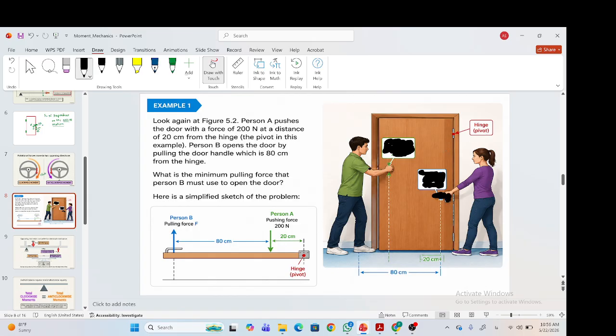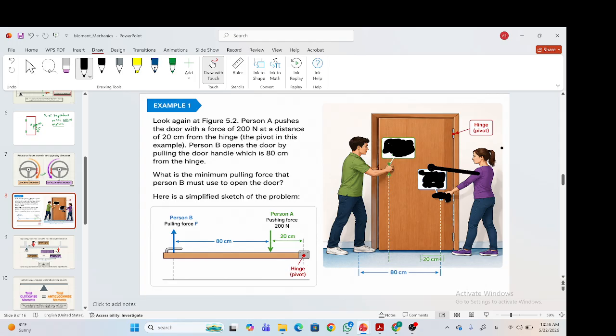Okay, let's read the question. Look again at figure 2.5. Person A pushes the door with a force of 200 newtons at a distance of, for example, 20 centimeters from the hinge, the pivot. Now, this is the person, so you may think that this person is pushing the door from this point.